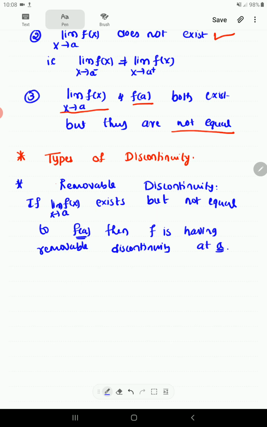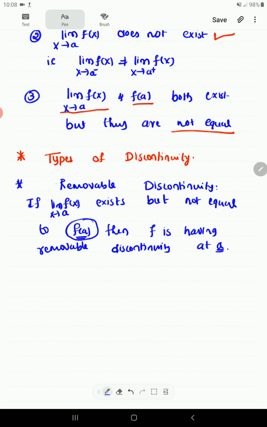This is called a removable discontinuity because the limit of f of x as x tends to a exists, but it is not equal to the value f of a.